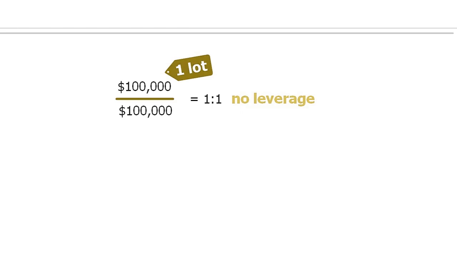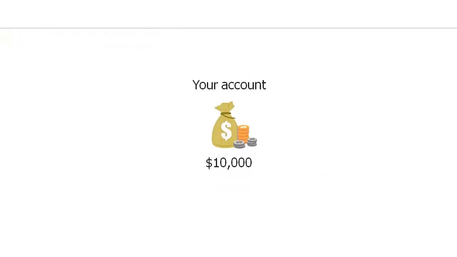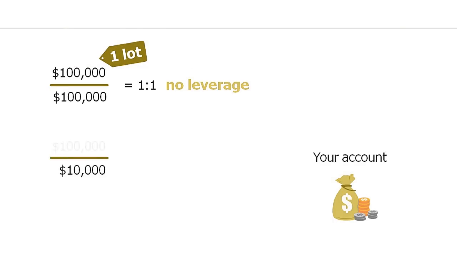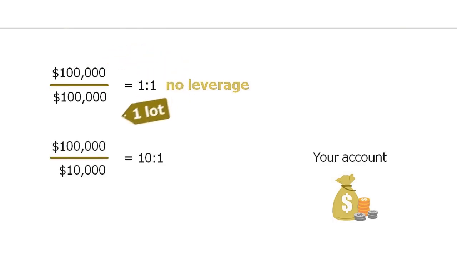Effectively, no leverage is applied. If, however, you only have $10,000 and you bought a standard lot, then the true leverage is 100,000 divided by 10,000, which is equal to 10 to 1. So the leverage for this trade is 10 to 1.